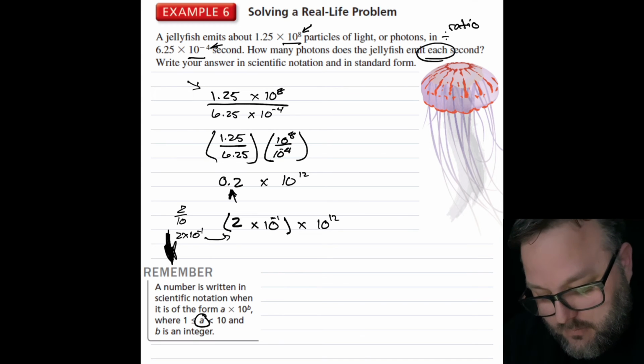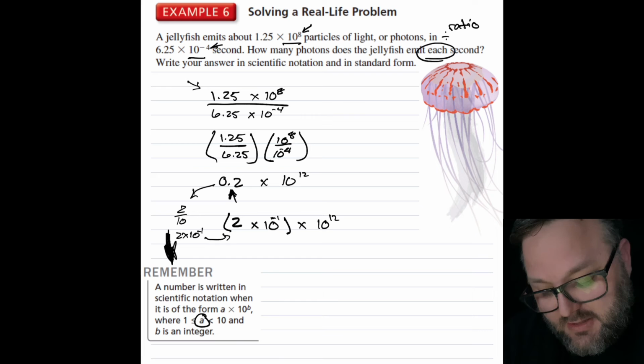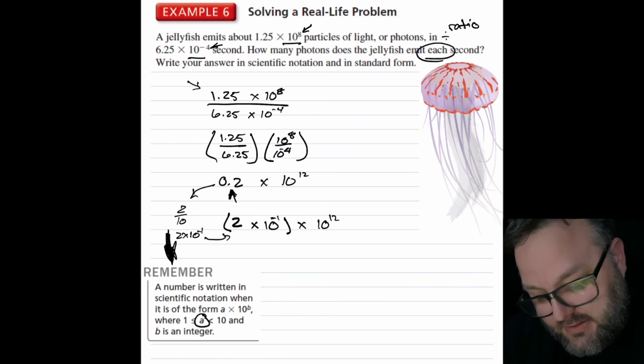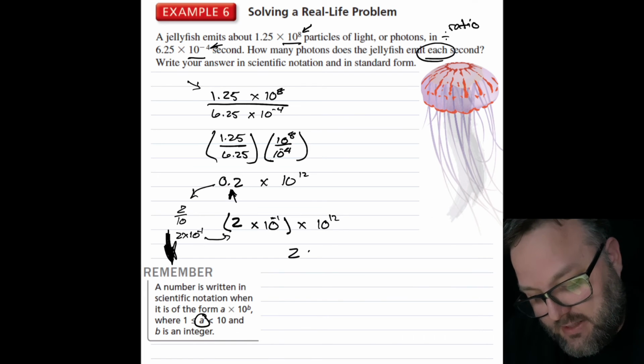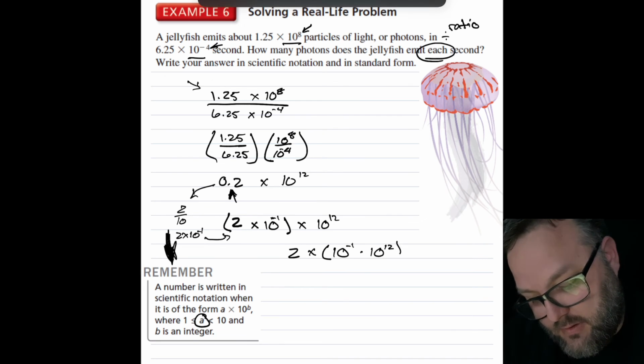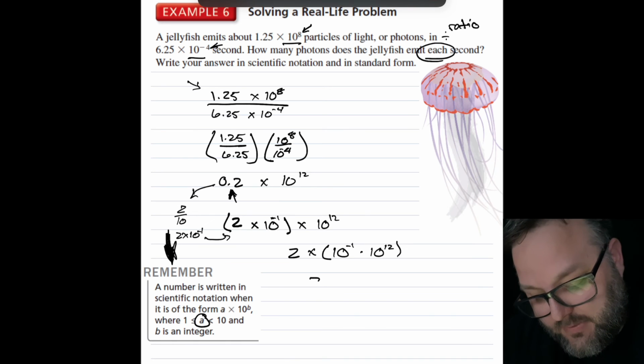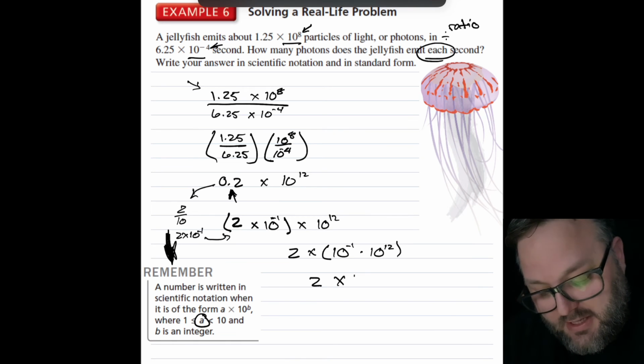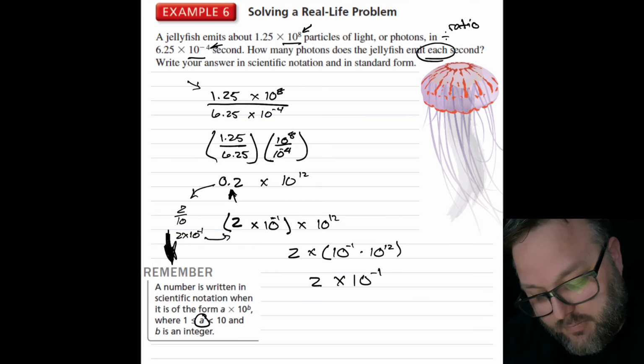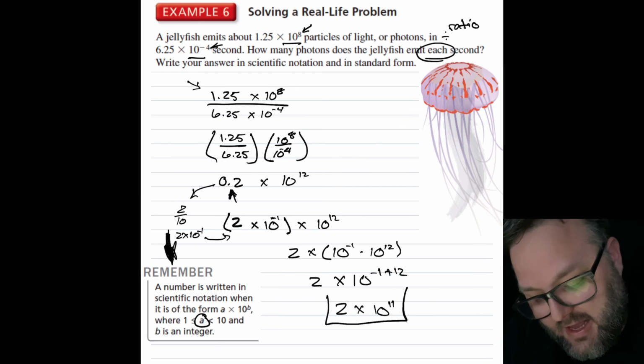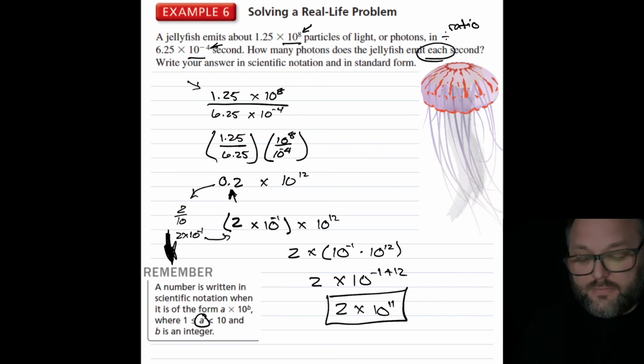So because this is a fact, that means that this is the same thing as 2 times 10 to the negative first times 10 to the 12th, which means it's the same thing as 2 times 10 to the negative 1 plus 12, which is 2 times 10 to the 11th. And that is my final answer.